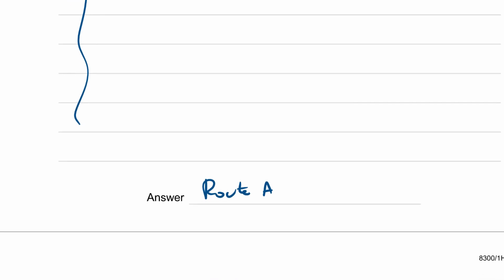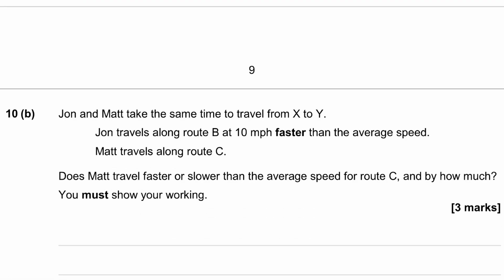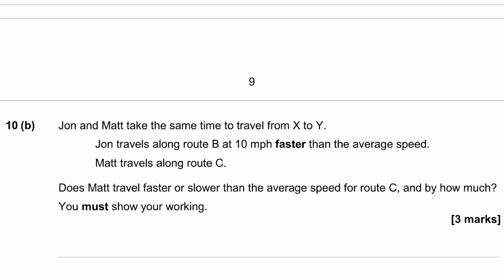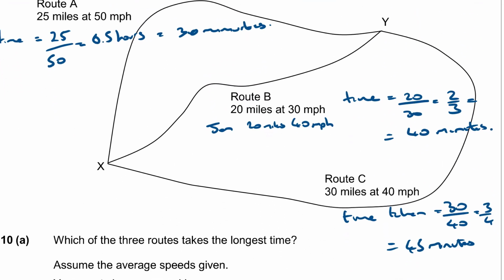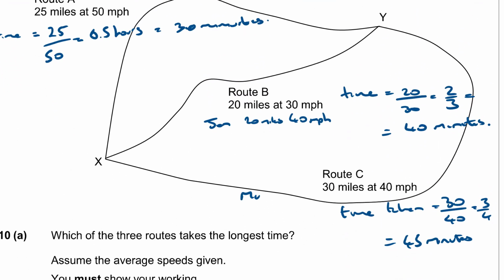And we know that Matt is going along route C, and we want to know whether or not he's going faster or slower. So Matt is going this way. Okay, so if we work out how long it takes John, we can then work backwards and work out how fast Matt was going. Okay, so let's do that.